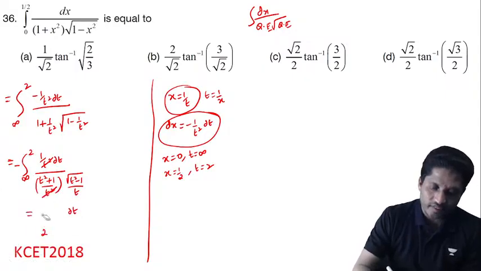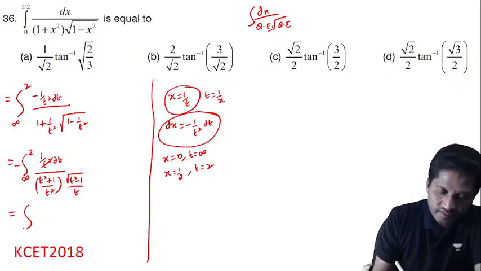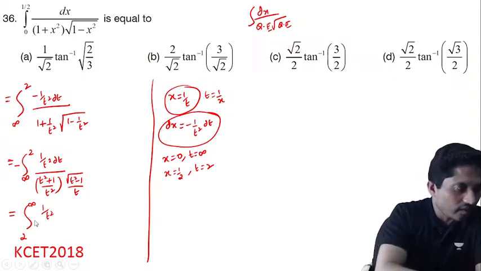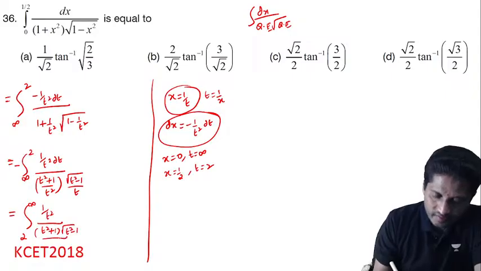Now listen, follow carefully. Even if I keep this, t square is under the root. You take out, it becomes t. Right, now change the limit, minus will become plus, 2 to infinity. Okay, let's say I don't cancel this. I'll cancel in the next step. So this is 1 by t square divided by t square plus 1 into root of t square minus 1, divided by t square into t.